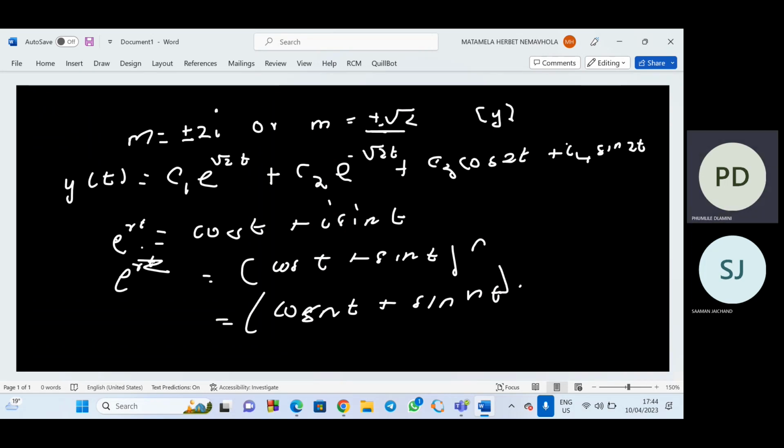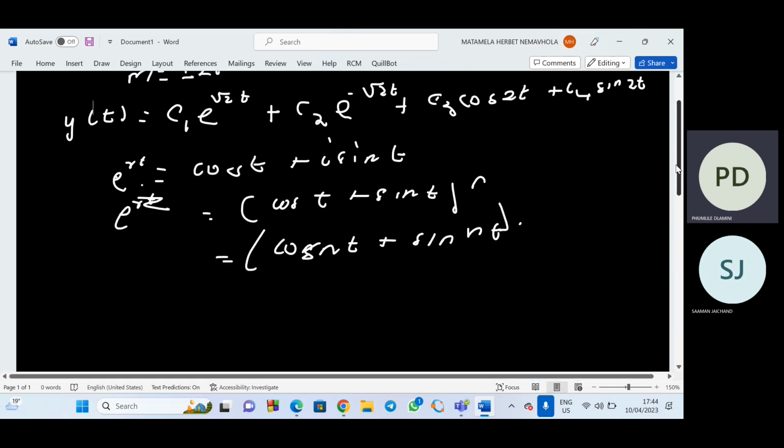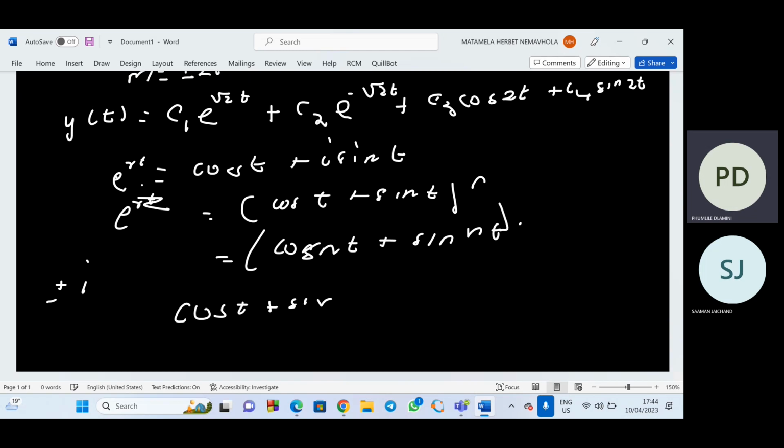This formula is just a general formula that you normally see in your books. If you only have i without any number before it, just plus or minus i, you write it as cos t plus sine t, based on whichever variable it is.